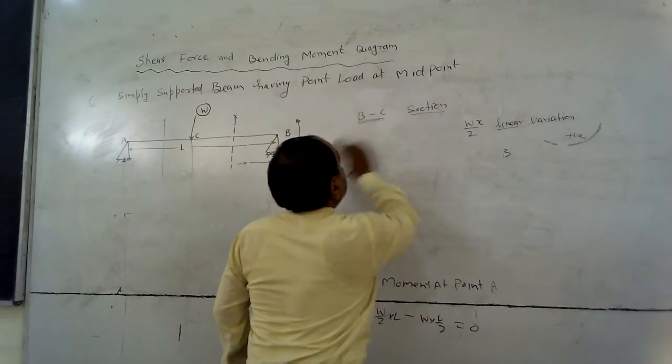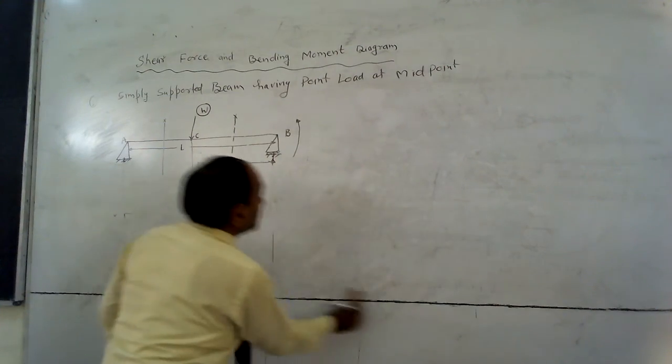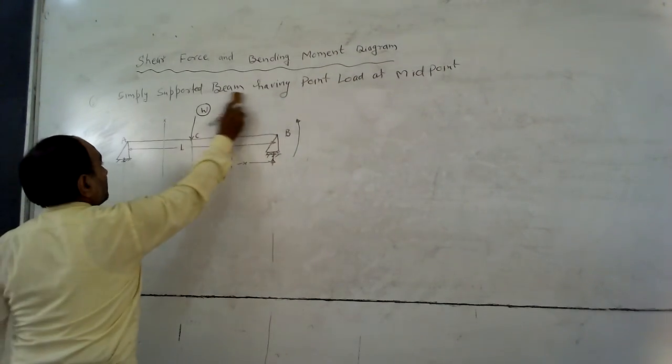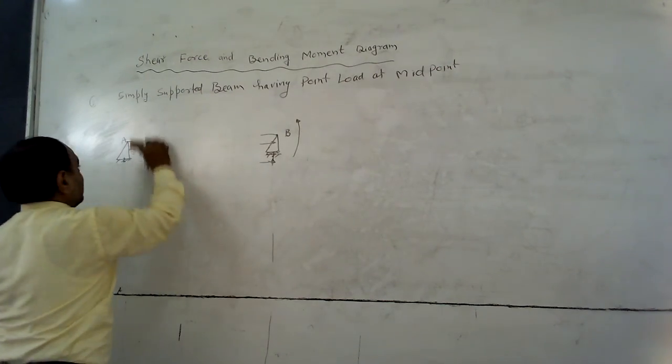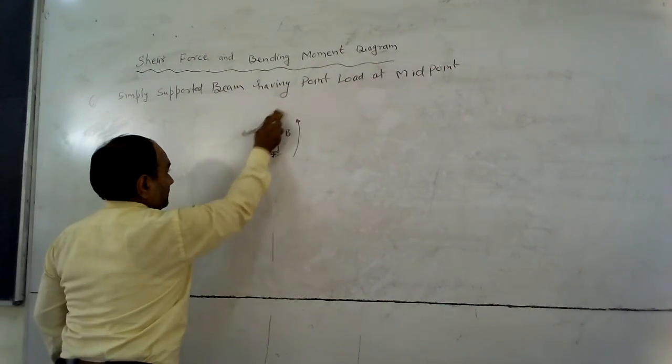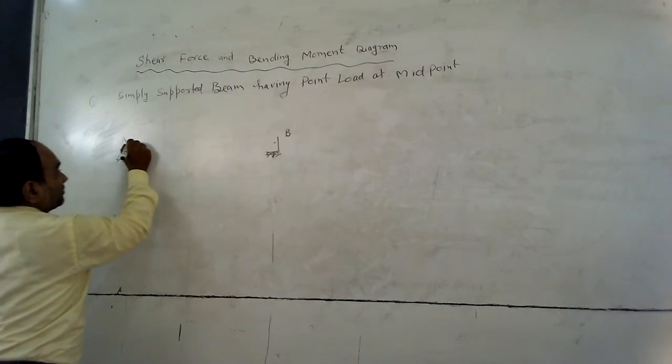So, any beam can have a point load, uniformly distributed load, or uniformly varying load. For that, I have to calculate all the cases, the bending moment and shear force.